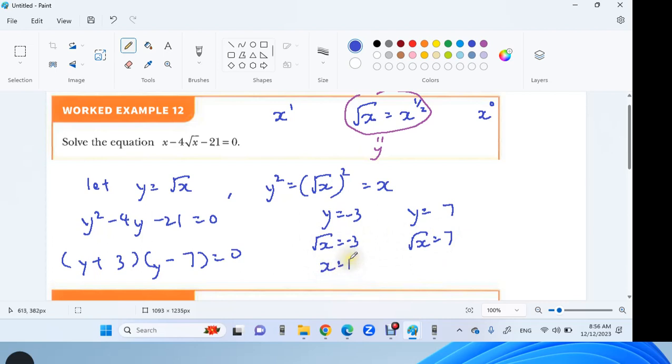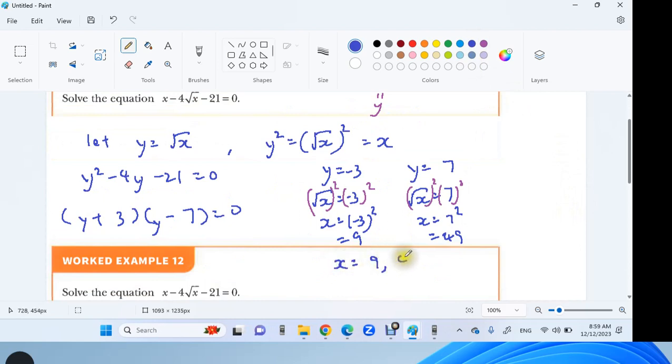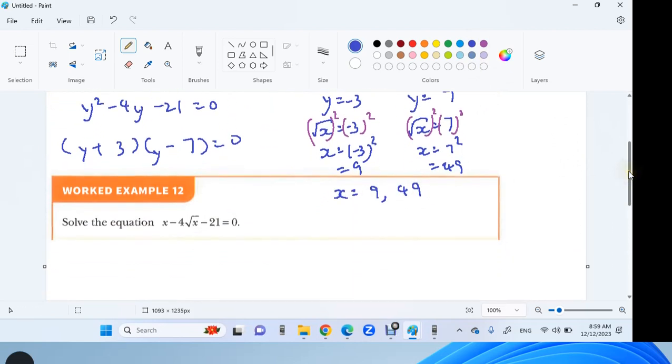Then x is equal to negative 3 squared, it is 9, and x equal to 7 squared, that is 49. So we square both sides here. So this is the solution: x equal to 9 and 49.